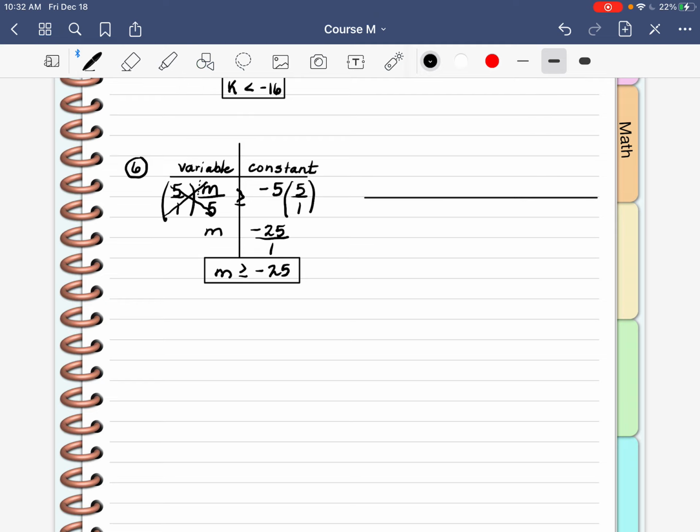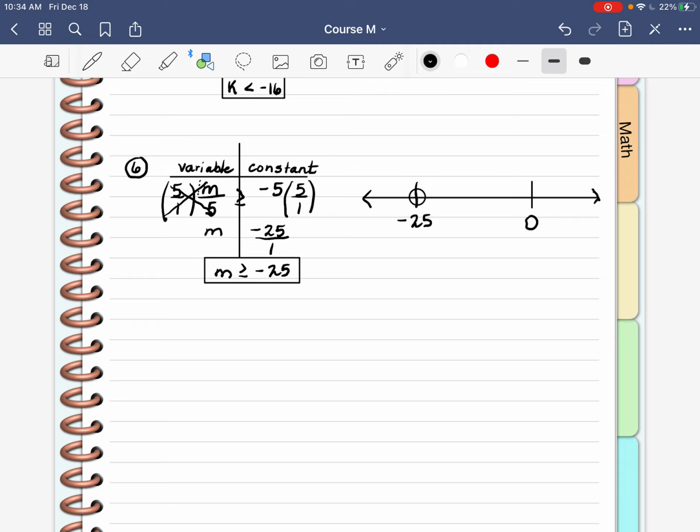Draw your number line and put your arrows on there. And let's put 0. That's important to me. Maybe it won't be to you. I believe one of my college professors made us do that, if I remember correctly. Okay, negative 25 is below 0, and that's where the interval marker goes.